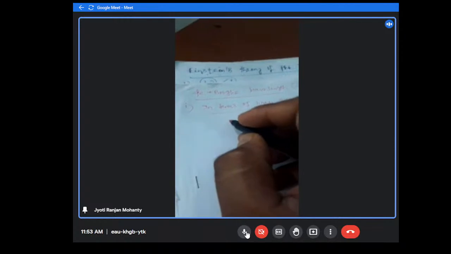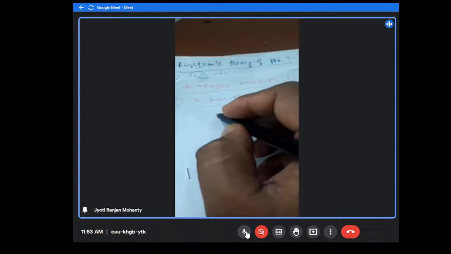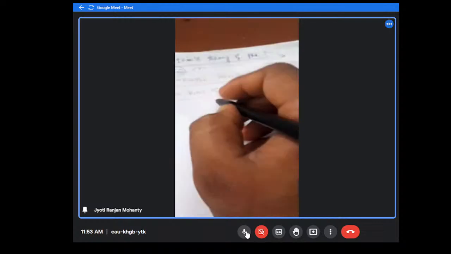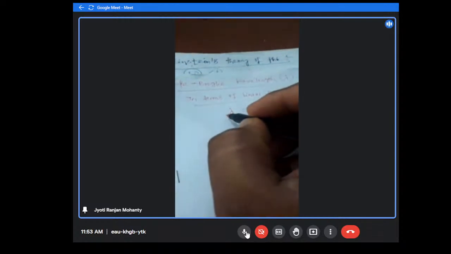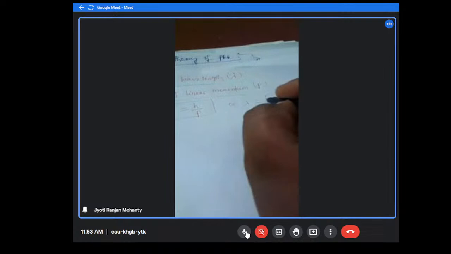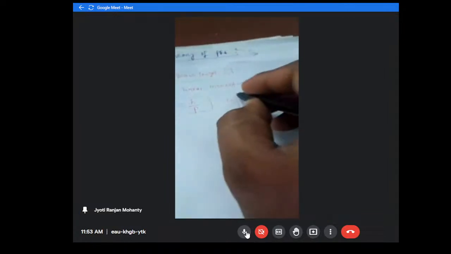For a particle of mass m and velocity v, the linear momentum is equal to mass into velocity. So lambda, this is the de Broglie wavelength, is equal to h by p, or lambda is equal to h by m into v.